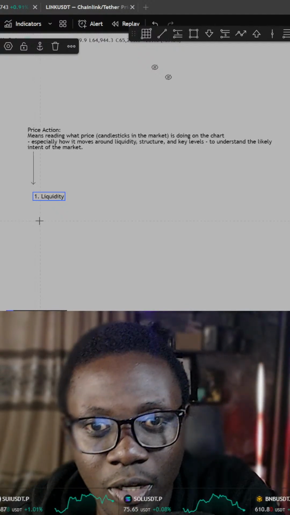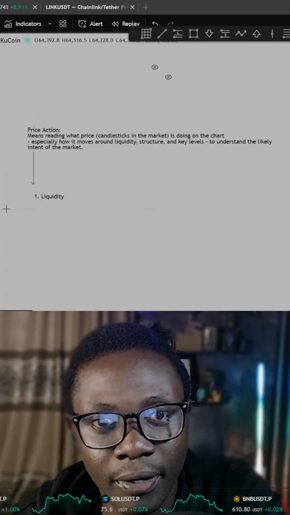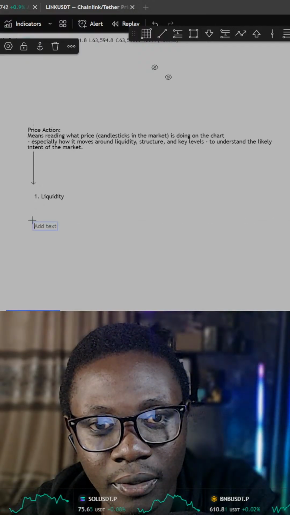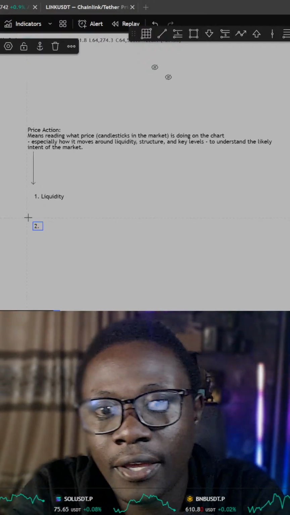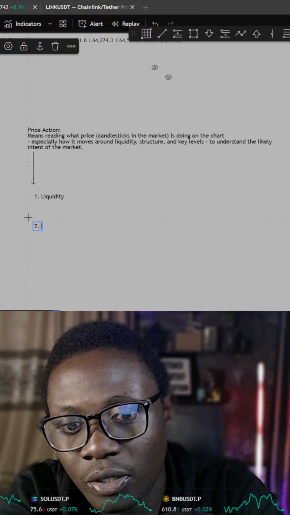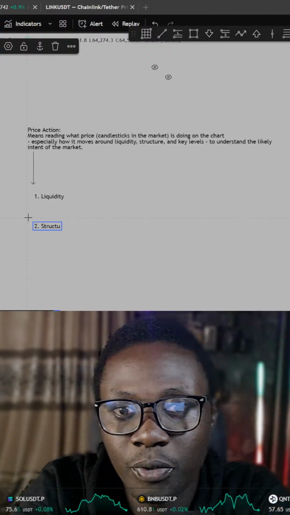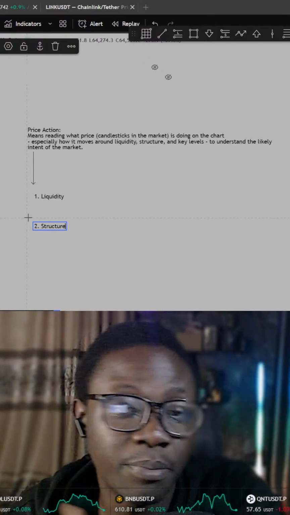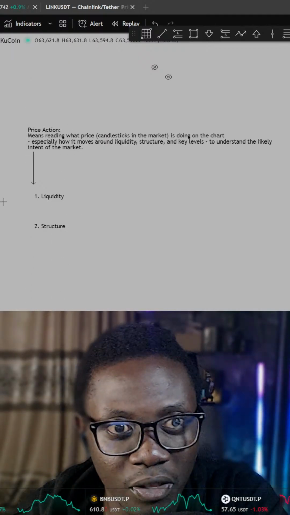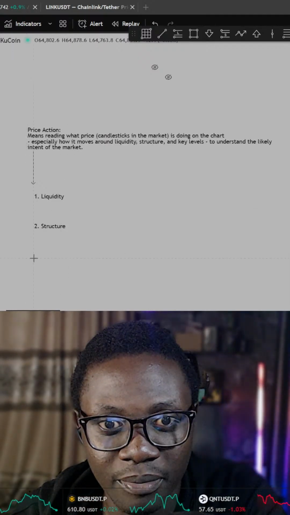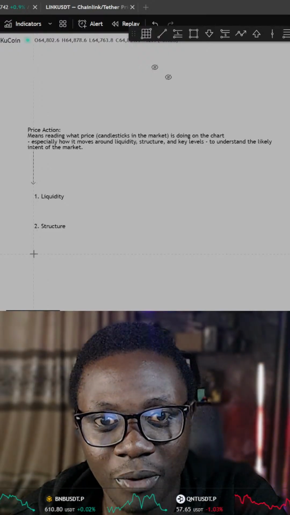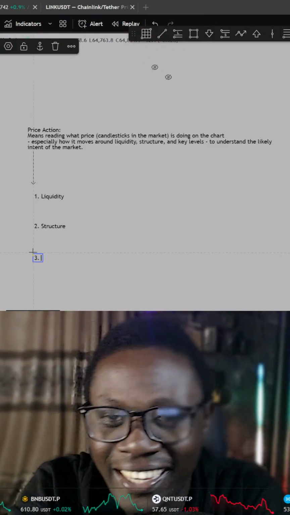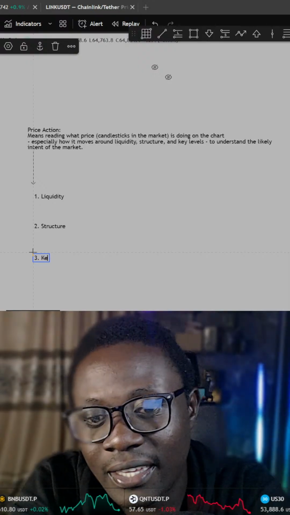Then number two, you see what we called structure. You could put market at the front as a prefix: market liquidity, market structure. Then number three, if you don't mind me being a lecturer to you today.